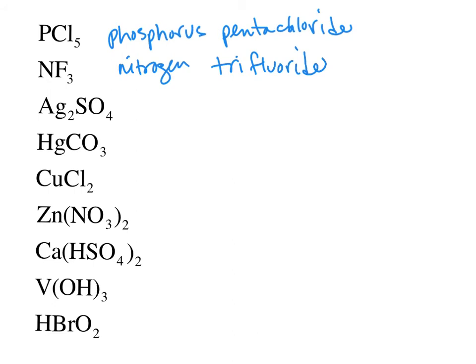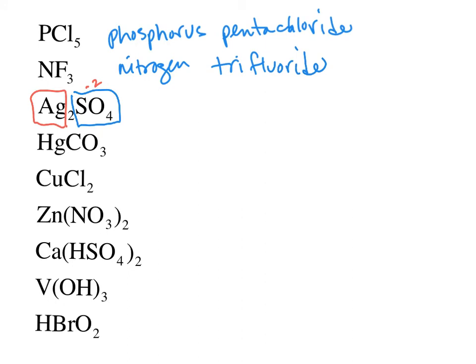And next one would be silver sulfate. Now you have to go to the periodic table. Silver is a transition metal, but it happens to be one of them that's just got one charge, and that one charge is +1. So sulfate, the ion sulfate is going to be -2. So you could think of it this way. Sulfate is -2.